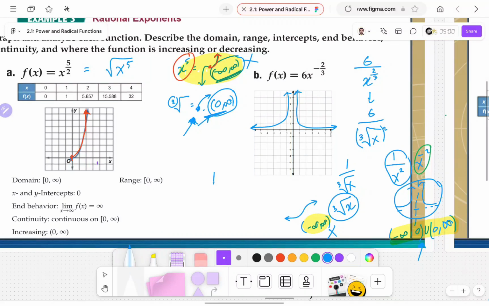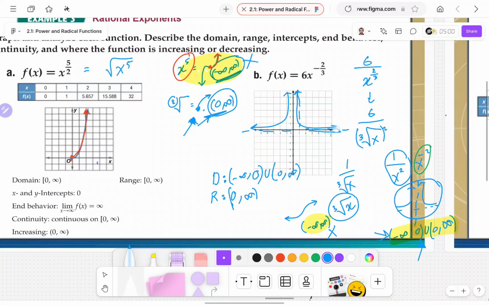Now let's analyze it. The domain should always follow this: from negative infinity to 0, union from 0 to positive infinity. Now the range: what's the lowest point here? The lowest point is 0, and the highest point is positive infinity. Now what is the end behavior?